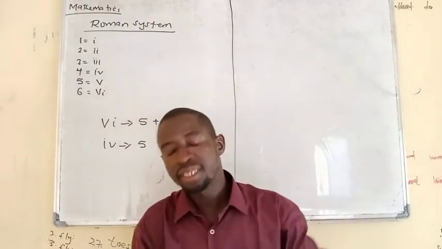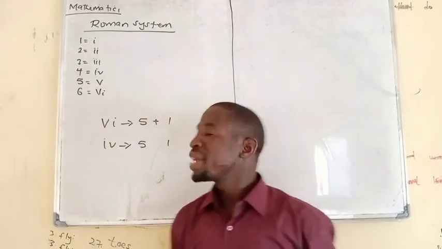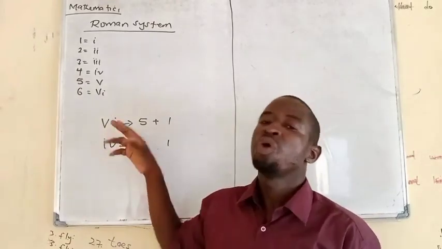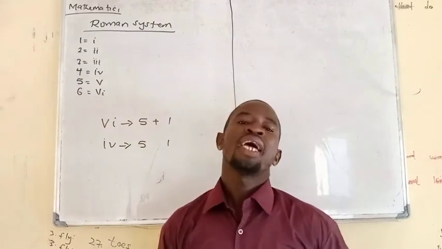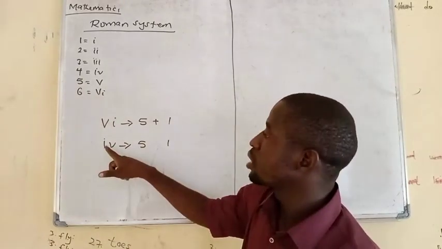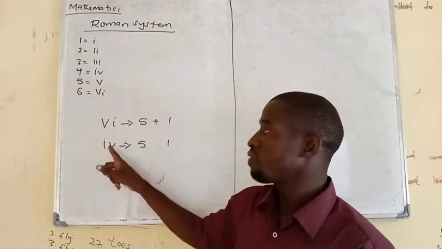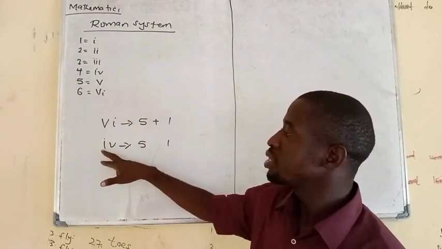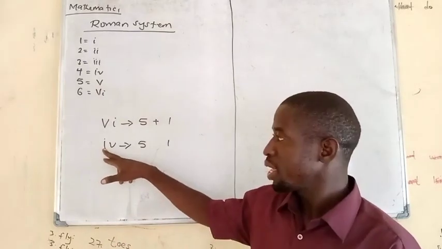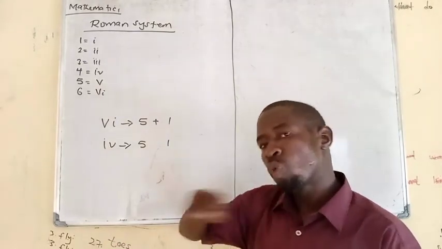Let me repeat: if the bigger number comes first and the smaller comes second, then we just add them. Remember, V is 5, I is 1. Likewise, this one is also a combination of 5 and 1, but in this case, since the smaller number comes first and the bigger second, we subtract.